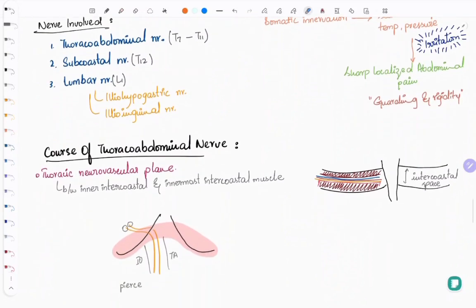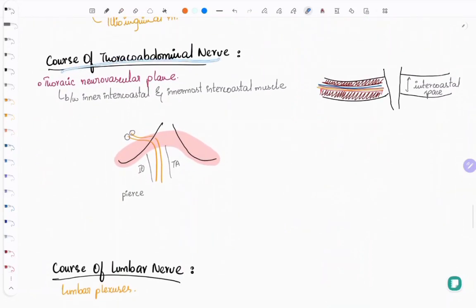Now let's have a look at the course of the thoracoabdominal nerve. The thoracoabdominal nerve originates from the thoracic neurovascular plane. These nerves run between the internal intercostal and the innermost intercostal muscle located within the intercostal space.